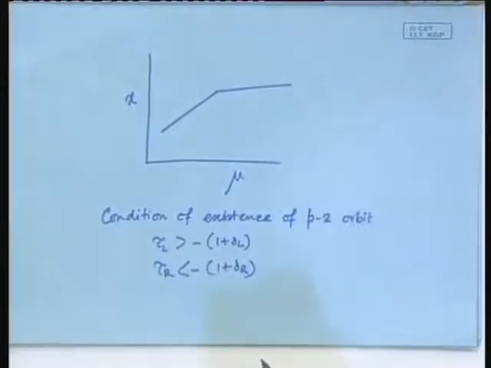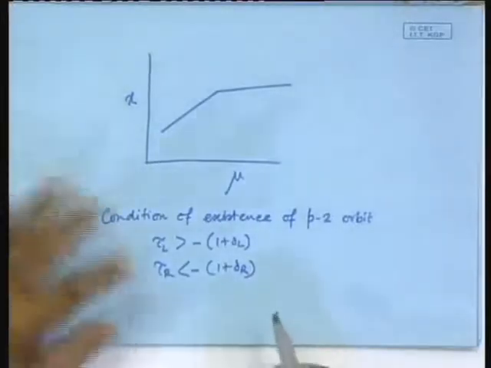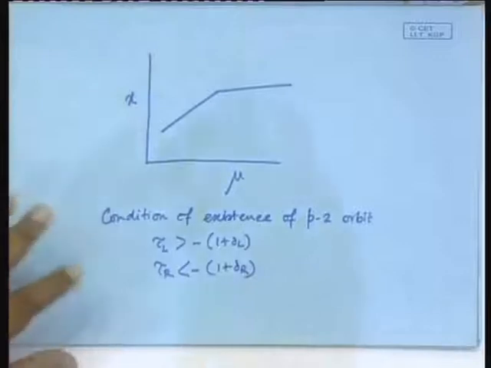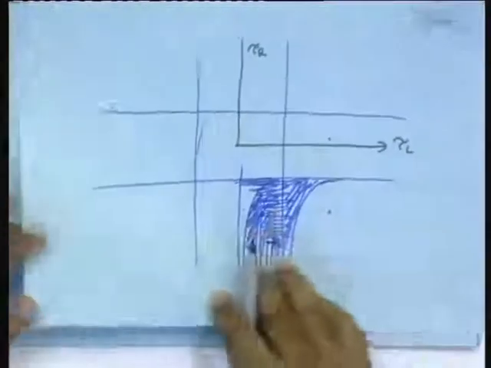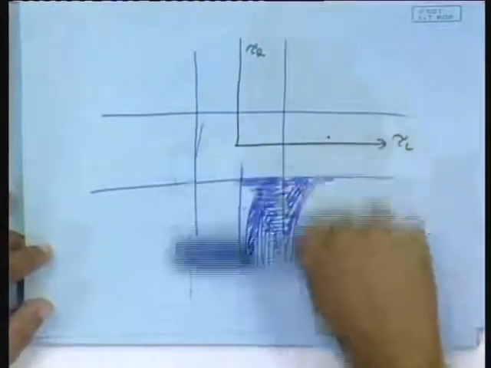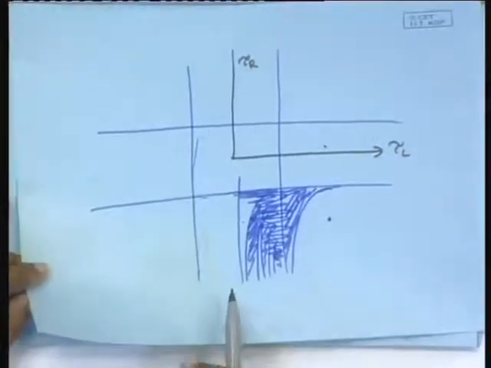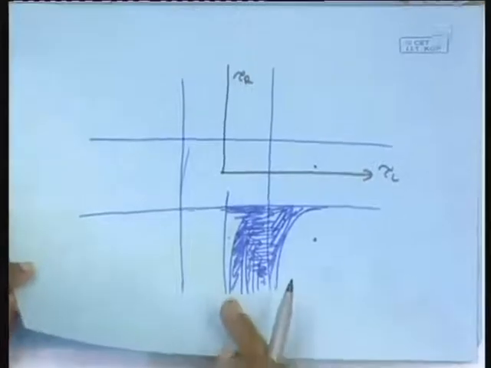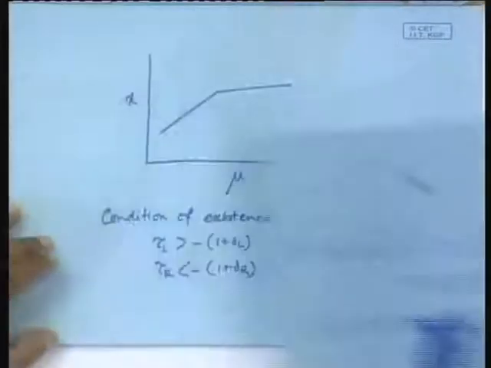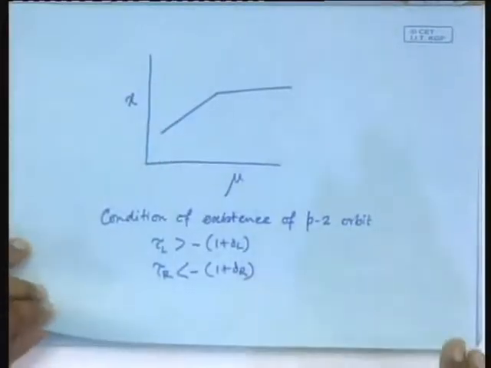That is the condition. We have already seen that, and since we have seen that, I am not going into the details of it. So, we do not expect the period 2 orbit to exist here, because it exists outside this range, but that is not true for the period 3 orbit, that is not true for the period 4 orbit. So, we will need to consider the existence of these orbits.